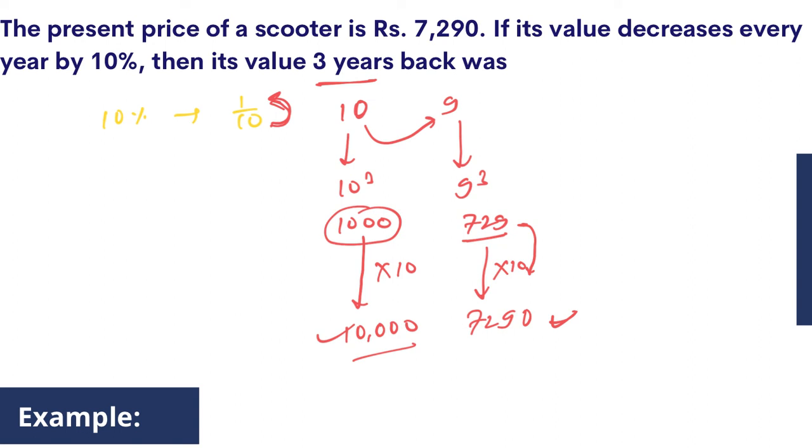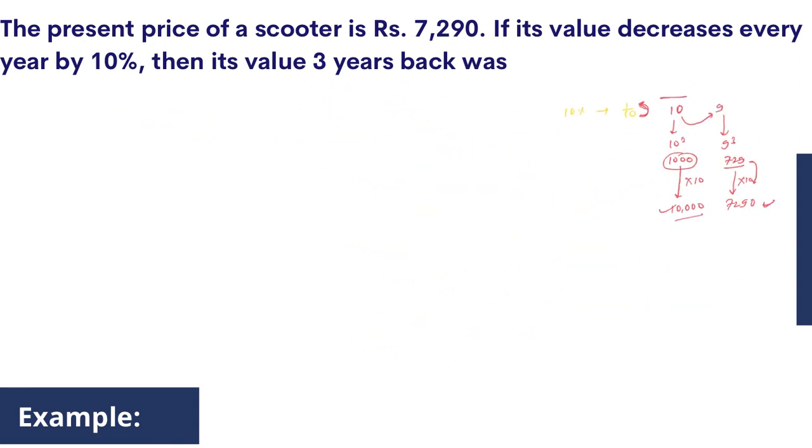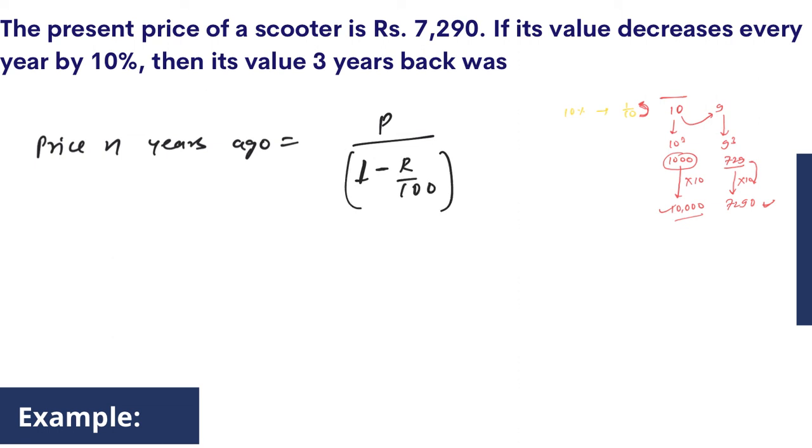Now we will solve this by using the formula. The formula for population n years ago is the same formula we will use. So I can say price n years ago is P divided by 1, here increasing or decreasing? Decreasing. So I put a minus here, R divided by 100, and here is the years.